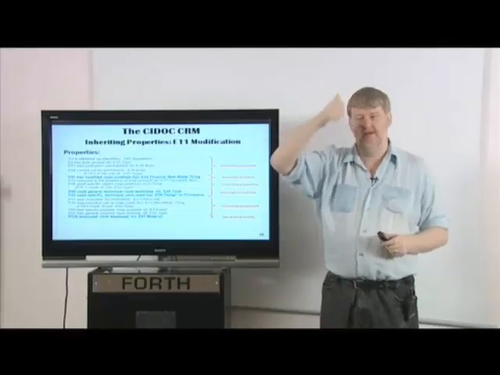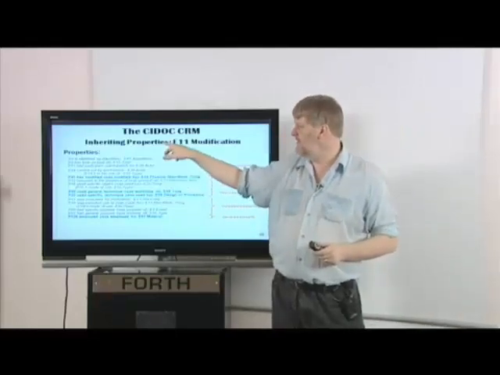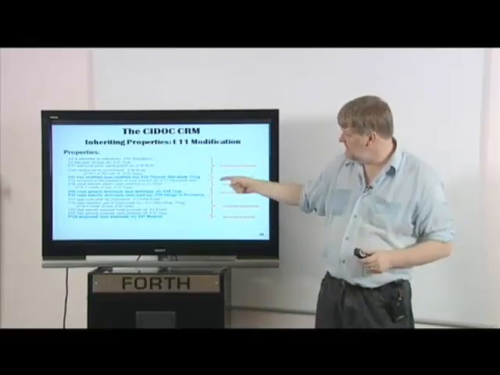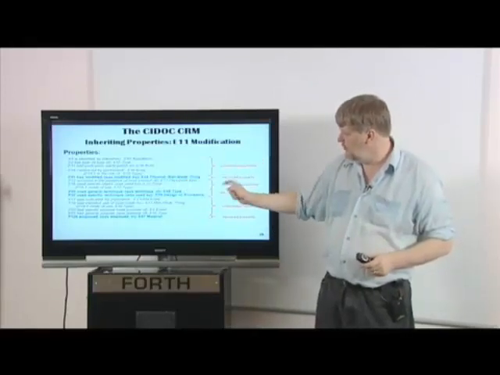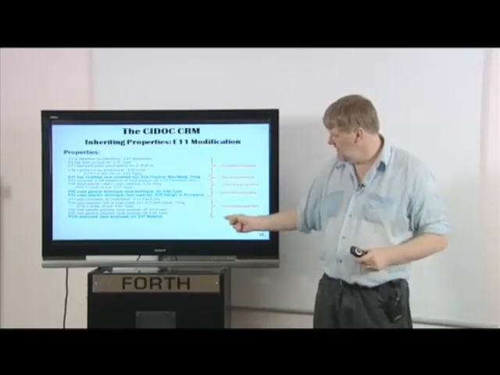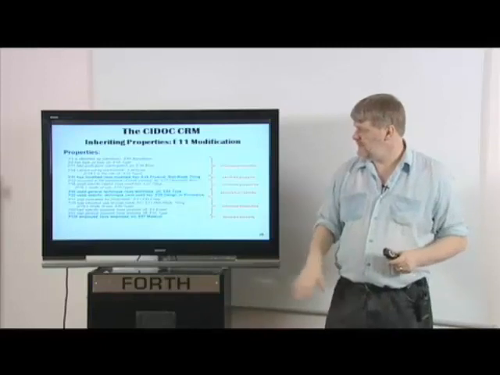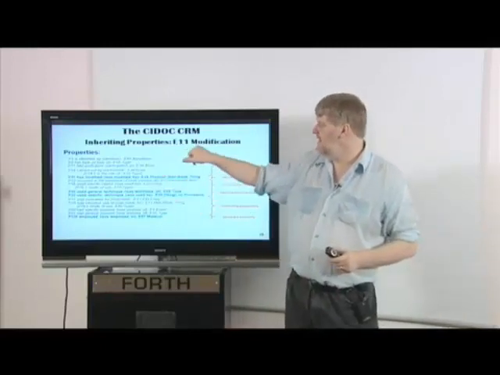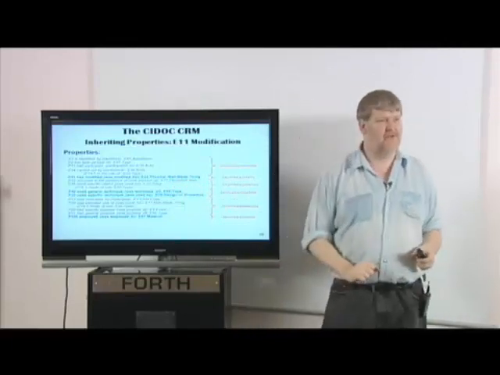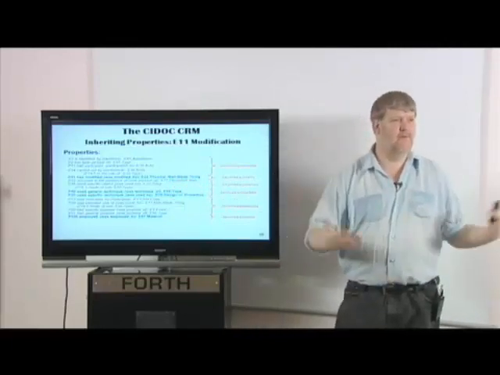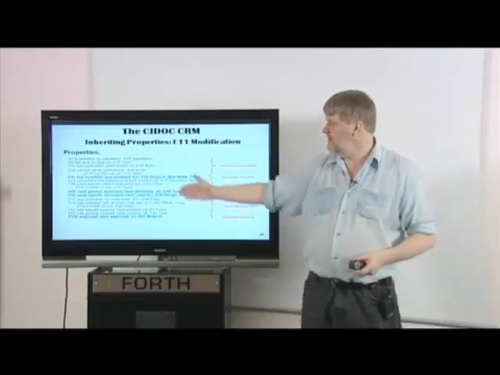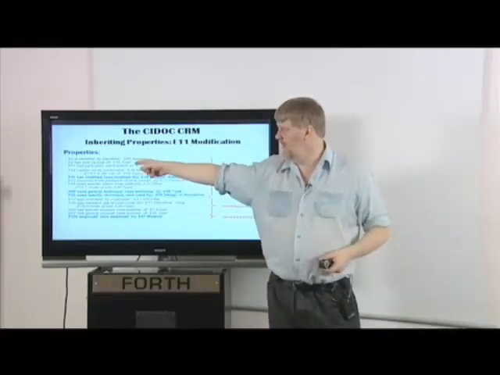So in this list, we've got inherited properties, declared properties, some more inherited properties, another couple of declared, some more inherited, and another declared. So E11 Modification in the ISO document will just have the 4 statements underneath it, but in the more useful, more friendly HTML version, you get all of these, and all of the class and property names are hot links through to the definition of that class or property.